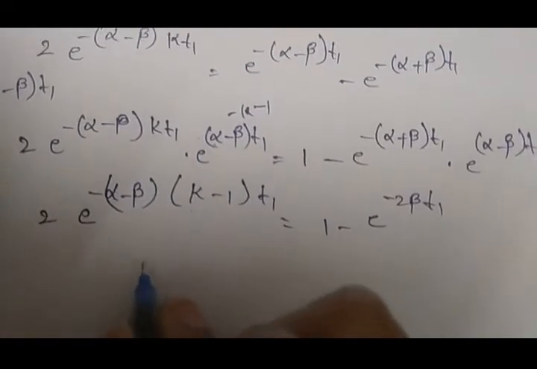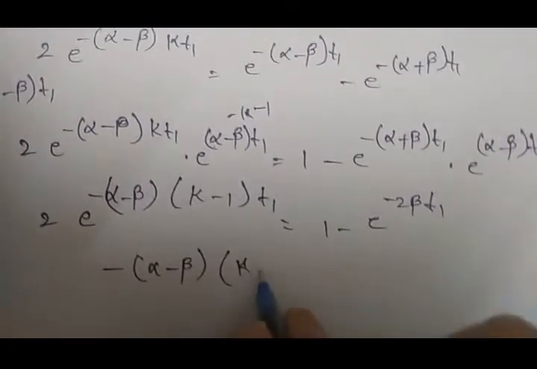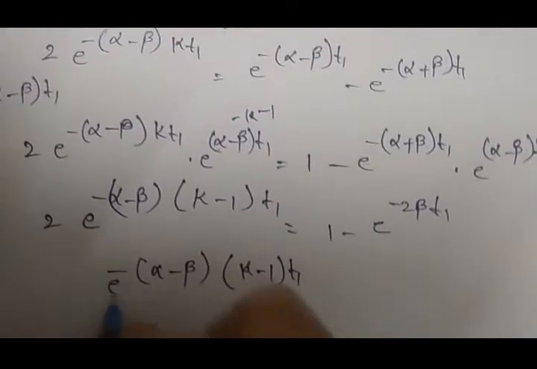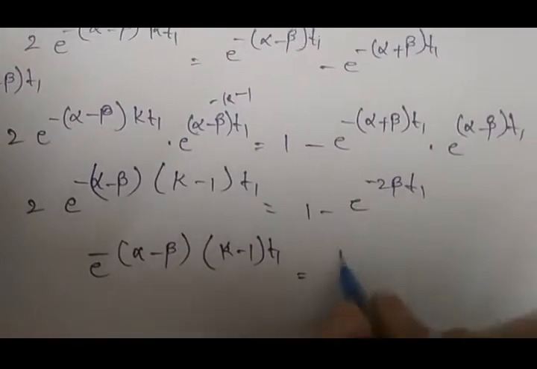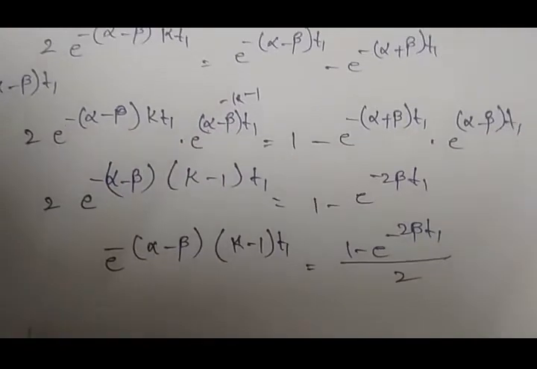So your expression for minus alpha minus beta k minus 1 T1, e power that, will be 1 minus e power minus 2 beta T1 divided by 2. So take the logarithm and inverse of it.